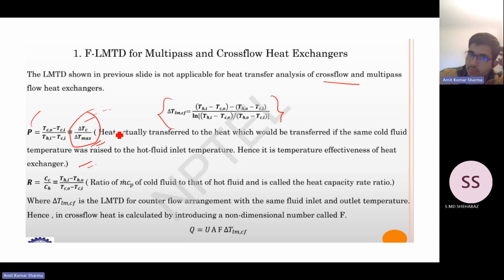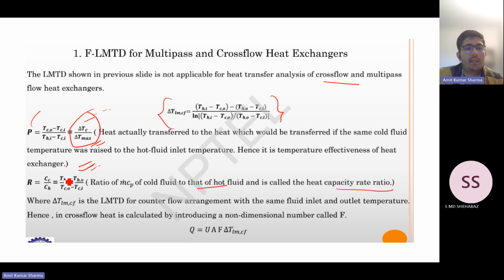And R we have to calculate like Cc upon Ch. So it is the ratio of mCp of cold fluid to that of the hot fluid, and it is called the heat capacity rate ratio.